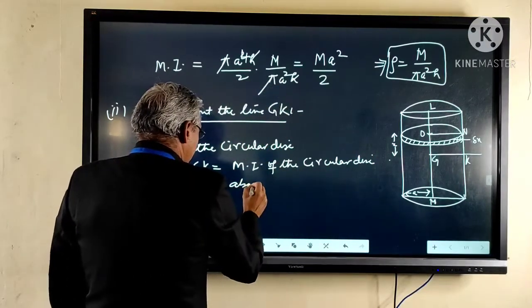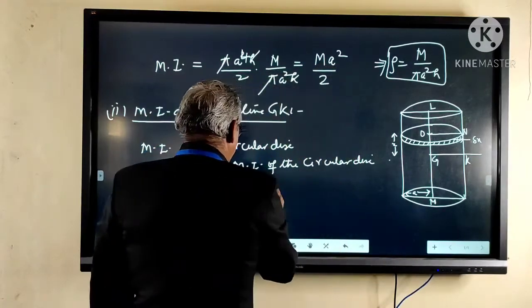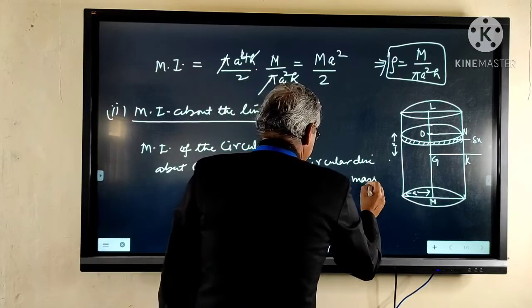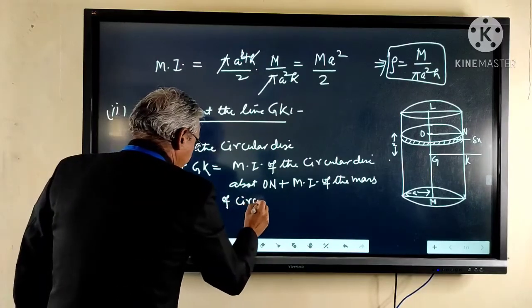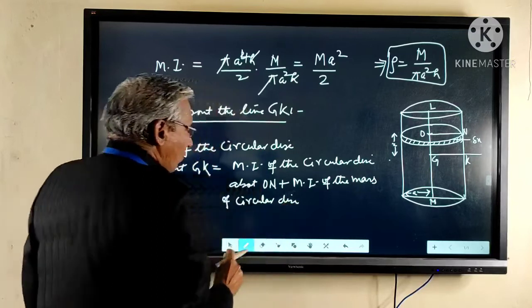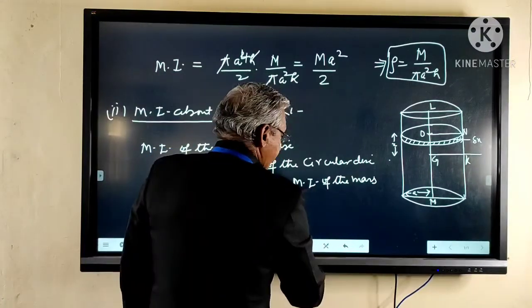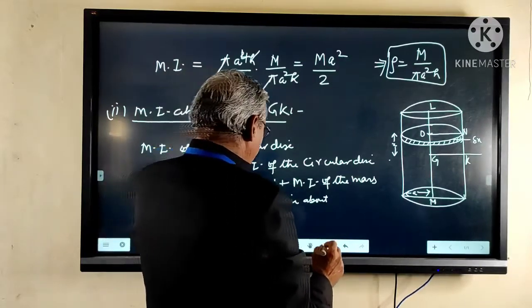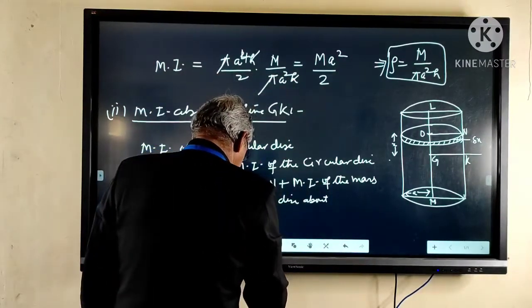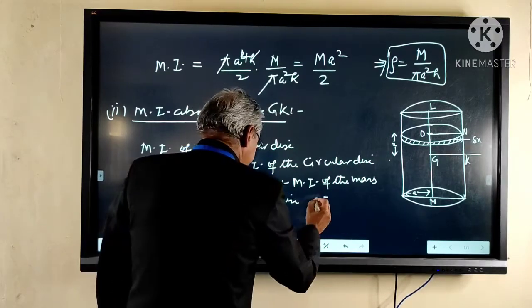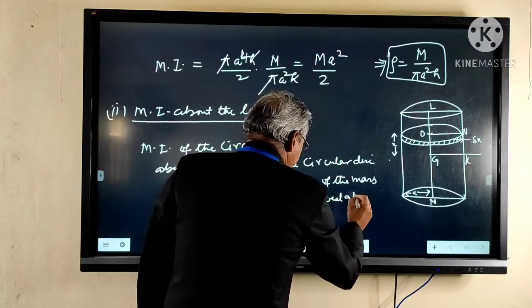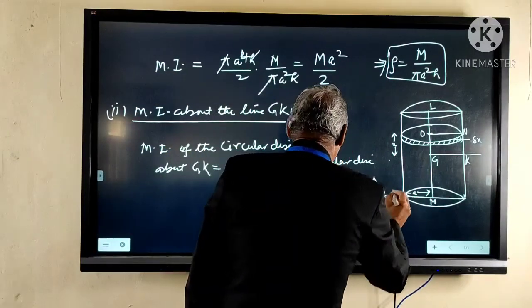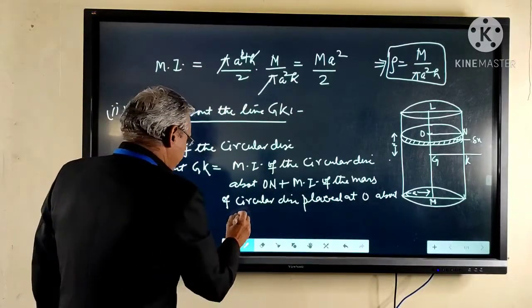about, this is ON plus moment of inertia of the mass of the circular disc placed at O about GK.